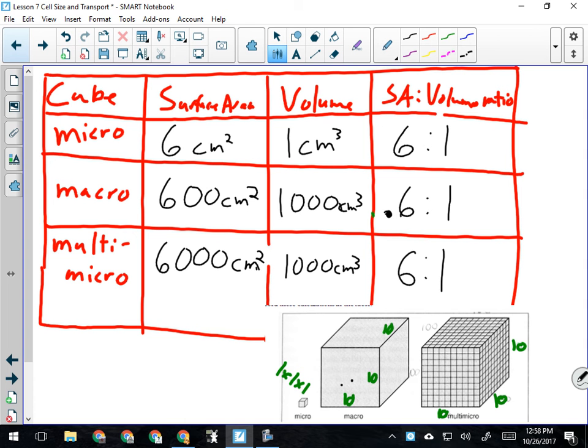If this cell gets bigger or grows, it just becomes uber macro. Really, really big, like let's say 20 by 20 instead of 10 by 10. When a multicellular organism gets bigger, what does it do? It makes more cells. Okay, the cells don't get bigger, it makes more cells. So what you need to think about is then which two of these will have their surface area to volume ratio change when they grow. All right, kind of give a little explanation for that one.